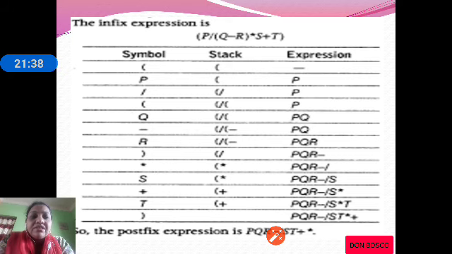As you see, there is already into, plus cannot be placed on into because into has more precedence than plus. So we remove star and put plus. The next scan symbol is T. Put it onto the postfix string. The next scan symbol is closing parenthesis. Pop all the elements until you get the left parenthesis and put them onto the postfix expression.